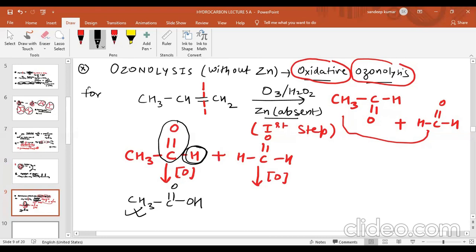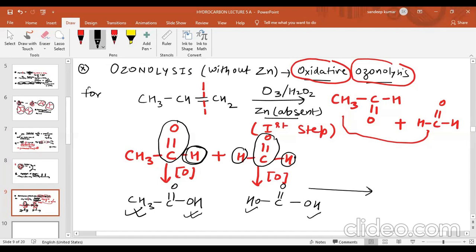Again, this is also a carbonyl group, and on this carbonyl group there are two hydrogen atoms, so both hydrogen atoms will be oxidized, forming OH and OH. So the hydrogen attached to C double bond O will be oxidized. With one hydrogen, it is oxidized; with two hydrogens, both are oxidized.